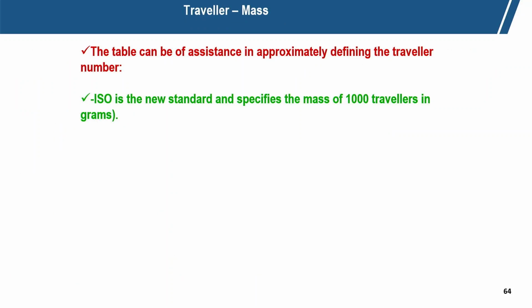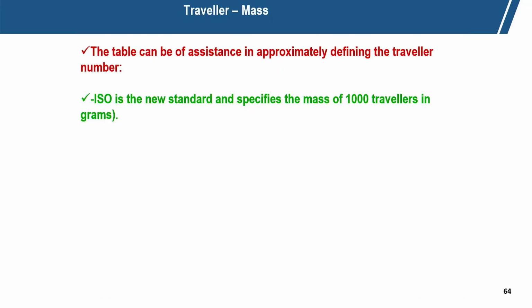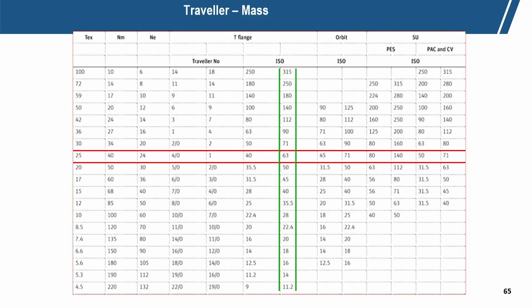So, we can see the table here. Now, in this table, in the ISO system, the new standard system is specified as mass of 1000 travellers in gram. So, that is how we use, this is the ISO system, mass of traveller. So, we can see this is the tex, if we increase the tex, the yarn becomes coarser.